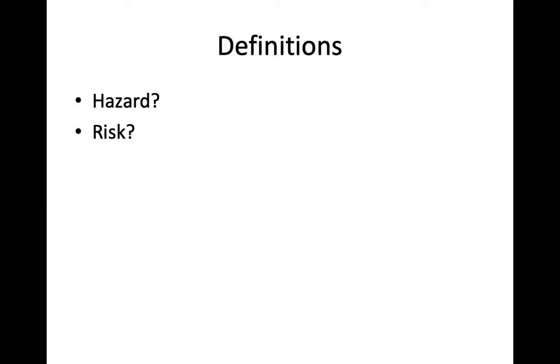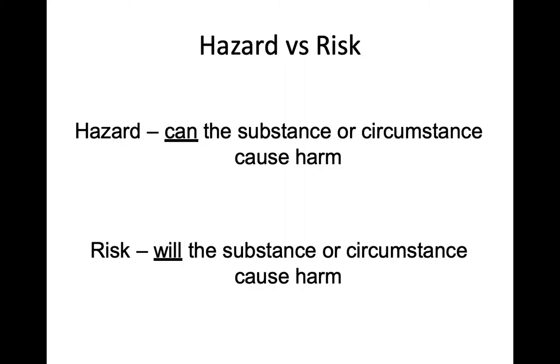So let's start off with some definitions. Does anyone have a way of identifying what is a hazard, or can anyone define a hazard, and then can anyone define risk? So I hope the seniors have some sort of clear definitions in their mind, but for everyone else, we'll start off with the elementary way of organizing your thoughts here.